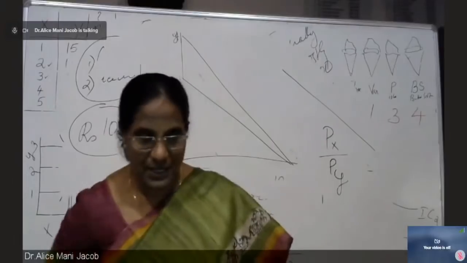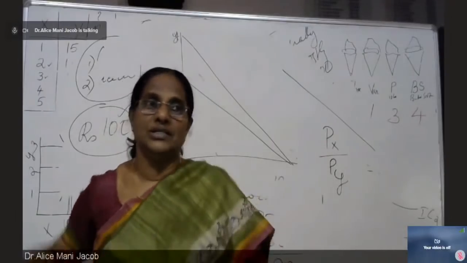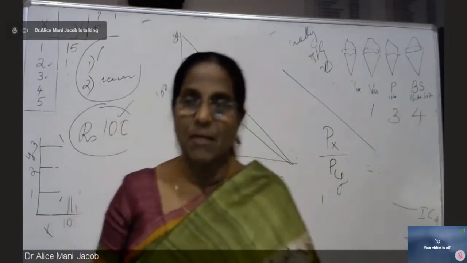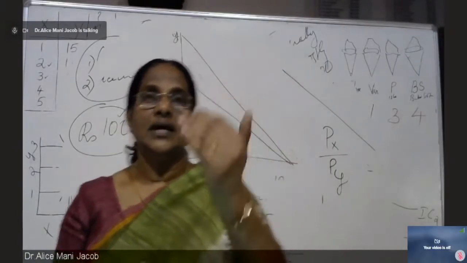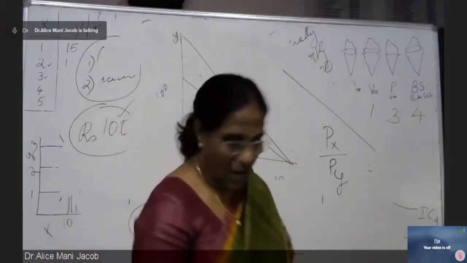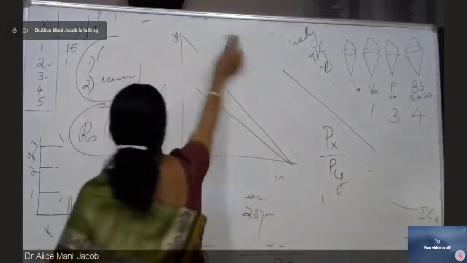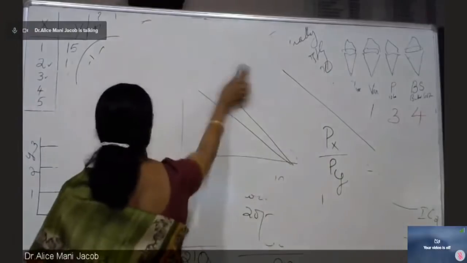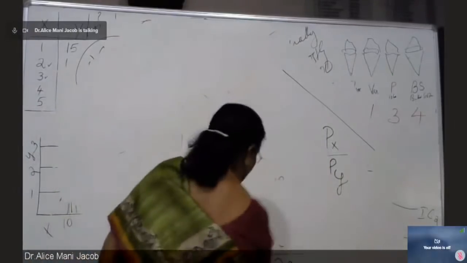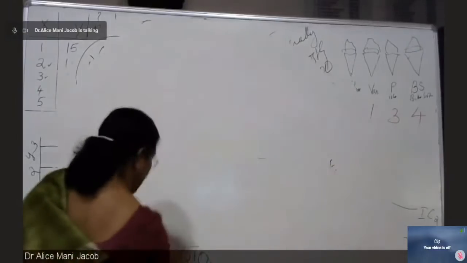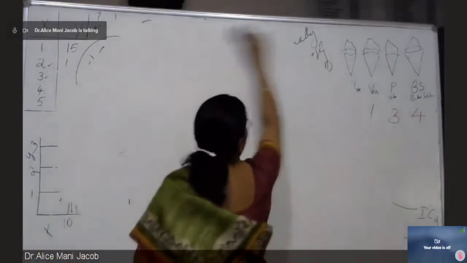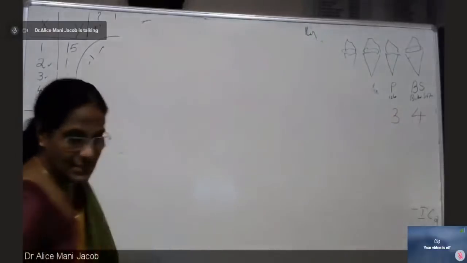And what is my limitation? My budget. My money income and prices of both commodities give me the constraint. Now, I am going to discuss our objective: how a consumer attains maximum satisfaction.